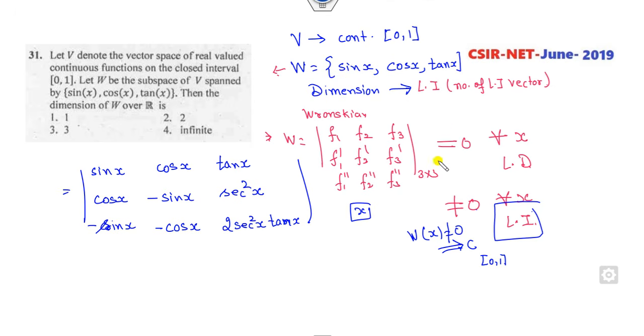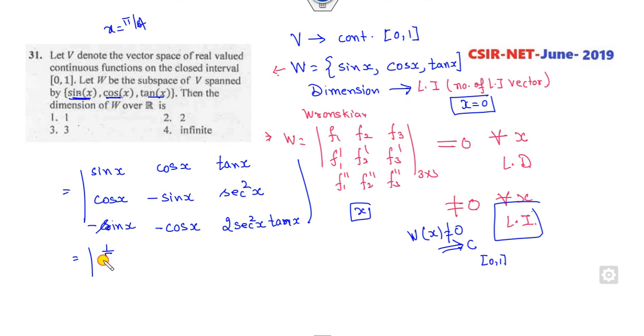The easiest way would be x equal to 0, but you can see that when x is 0, the function values are 0, 1, 0, so that won't work. You can choose any value. You could choose pi by 6, but it will give you roots. The easiest way is to take pi by 4. So tan pi by 4 is 1.